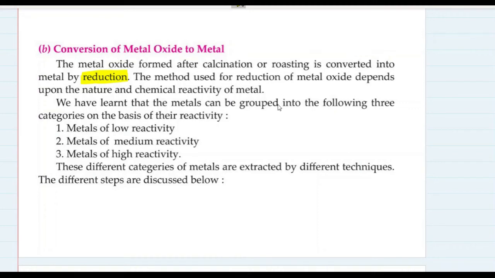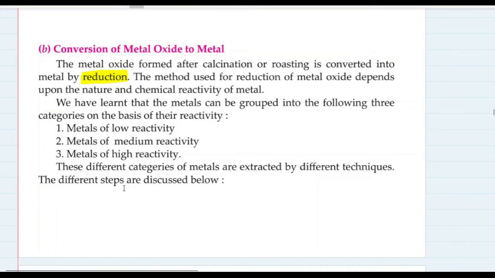Some metal oxides like aluminum oxide cannot be reduced using normal reducing agents. They have to be electrolytically reduced, that is, reduced by electrolysis. But the oxides of zinc, iron and copper, which are moderately reactive, can be reduced easily by reducing agents like hydrogen or carbon monoxide.